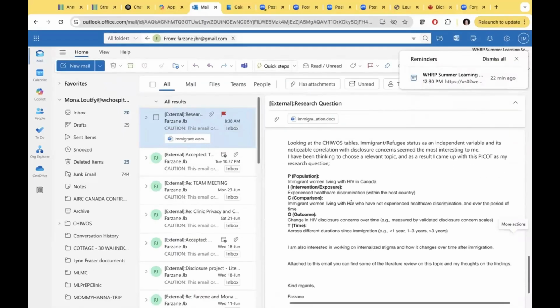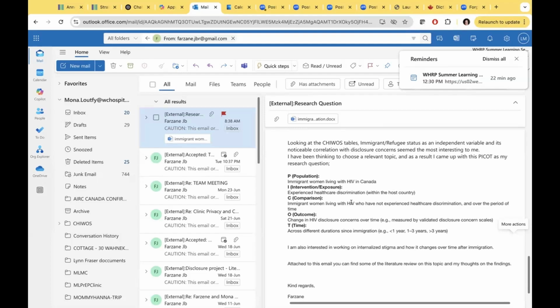So this is Farzan's PICO. Farzan is using CHIWOS data. Okay, so Farzan, the P for your population is not immigrant women living with HIV.